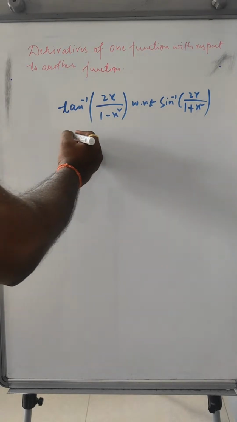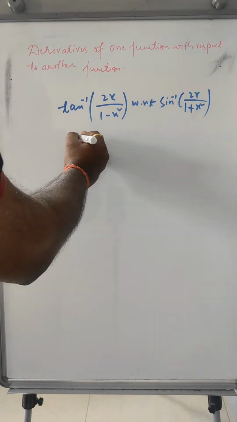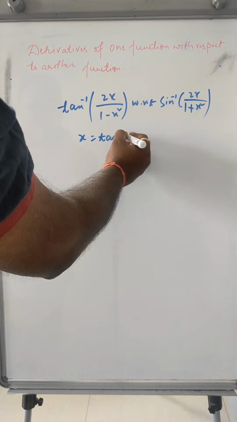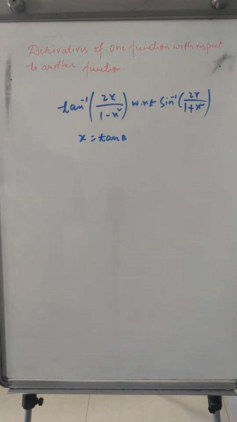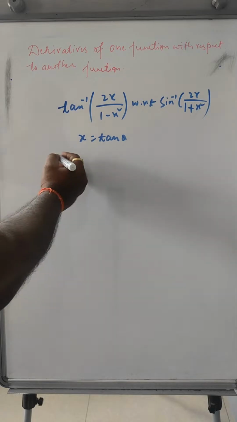Here we can put x equal to tan theta. Correct. Now here we will do the same thing. I think it is almost similar to the previous one, but having a little difference. Okay.